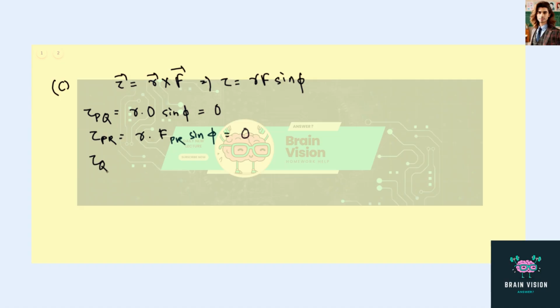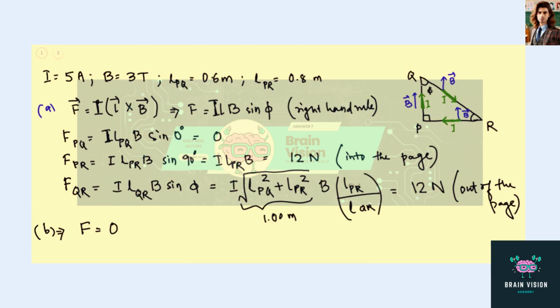And for torque about the segment QR, we have R times F_QR times sine phi. R is basically the center of this segment from the PR axis, so that is going to be half of the distance of PQ.